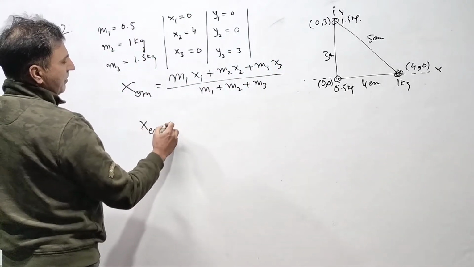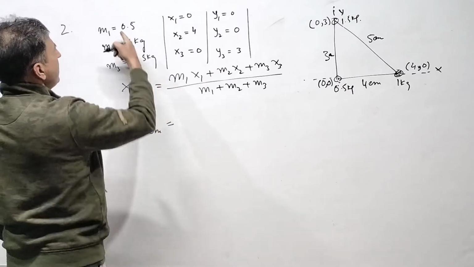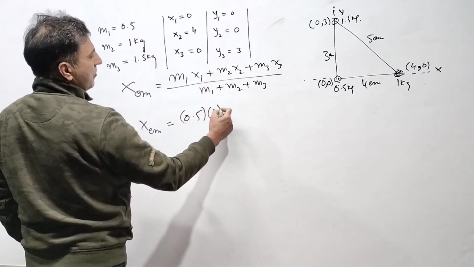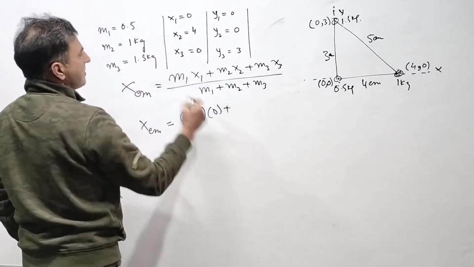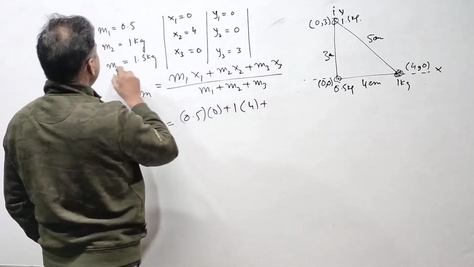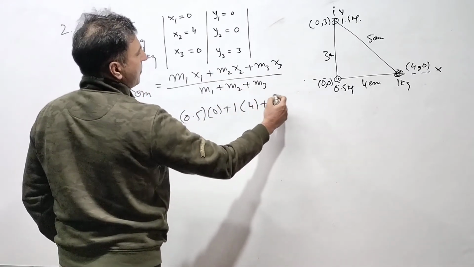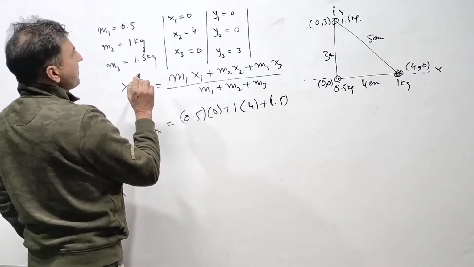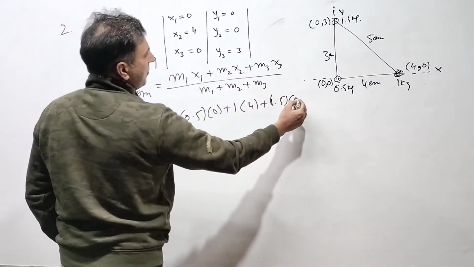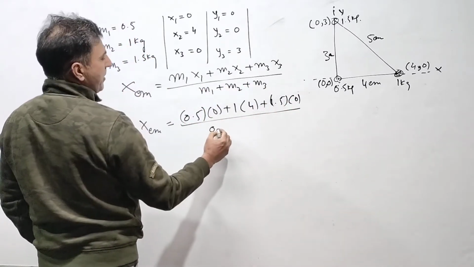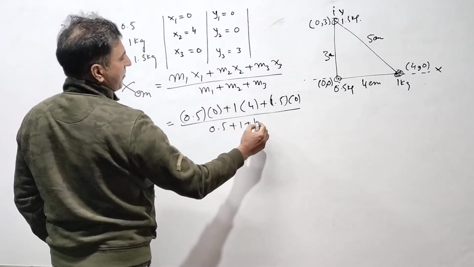That should be very simple. m1 is 0.5 into x1 which is 0, plus m2 that is 1, x2 that is 4, plus m3 that is 1.5, x3 that is 0, by the sum of the masses, 0.5 plus 1 plus 1.5.